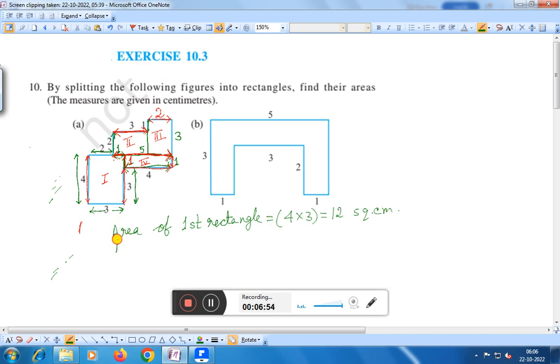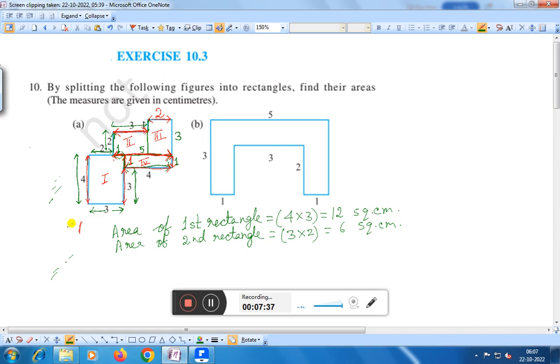Right? Then area of second rectangle. The area of the second rectangle: this is 3, length is 3 and breadth is 2, that is 3 into 2, length into breadth, 3 into 2, that is 6 square centimeter.